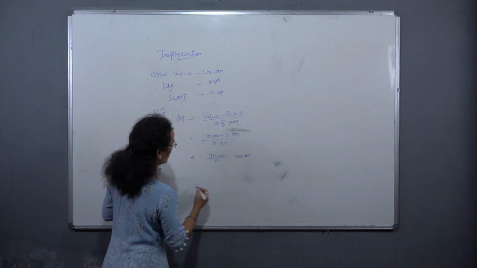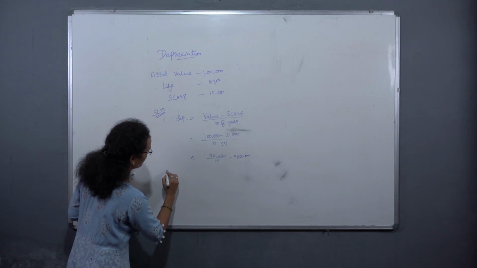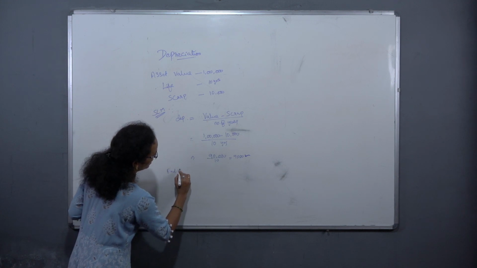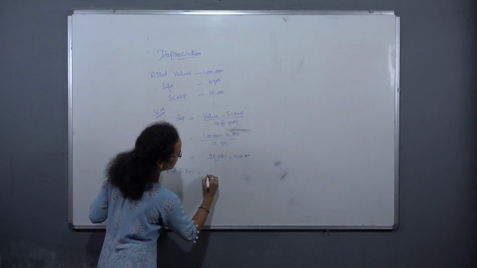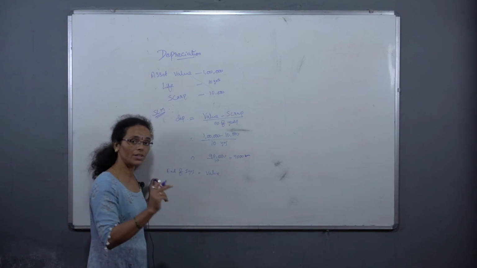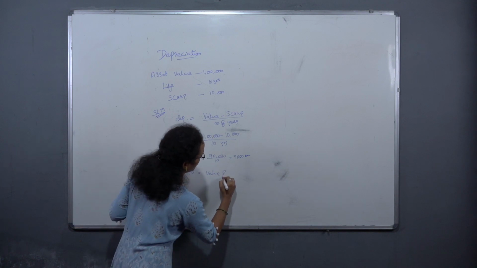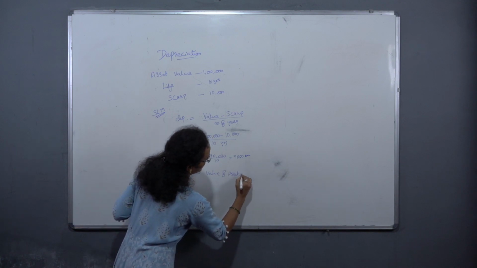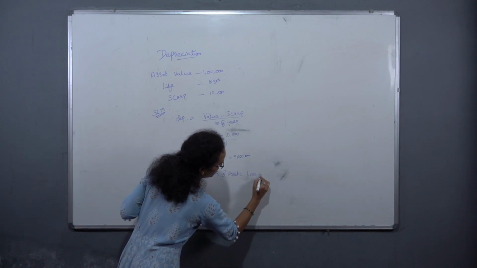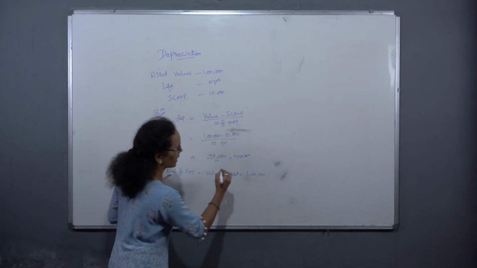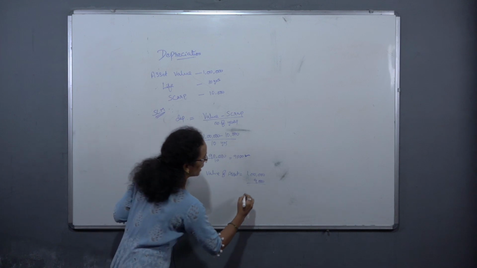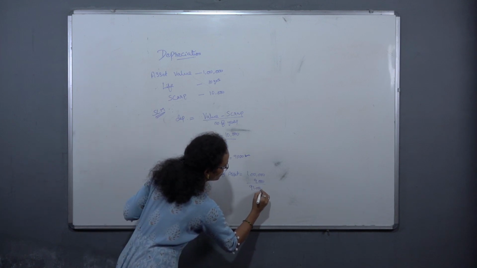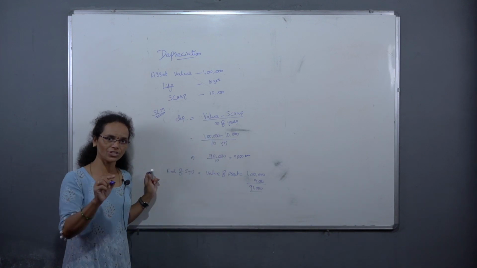At the end of the first year, the value of the asset shown in the balance sheet is 1 lakh rupees at which we purchased, minus 9,000 rupees depreciation for the first year, so 91,000 rupees is the value of the asset in the balance sheet.